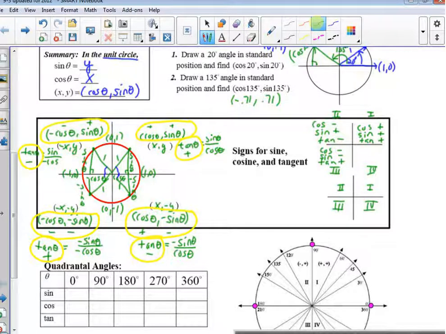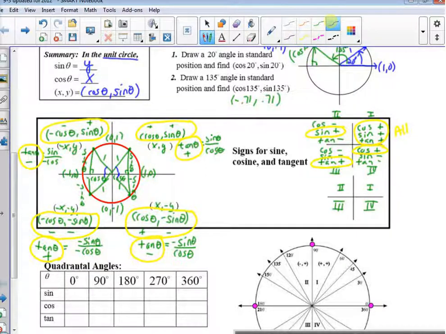And in quadrant 4, we can look and say cosine is positive, sine is negative, and tan is negative. So in quadrant 1, they're all positive, but in quadrant 2, sine's the only thing that's positive. In quadrant 3, tan's the only thing that's positive, and in quadrant 4, cosine is the only one that's positive.